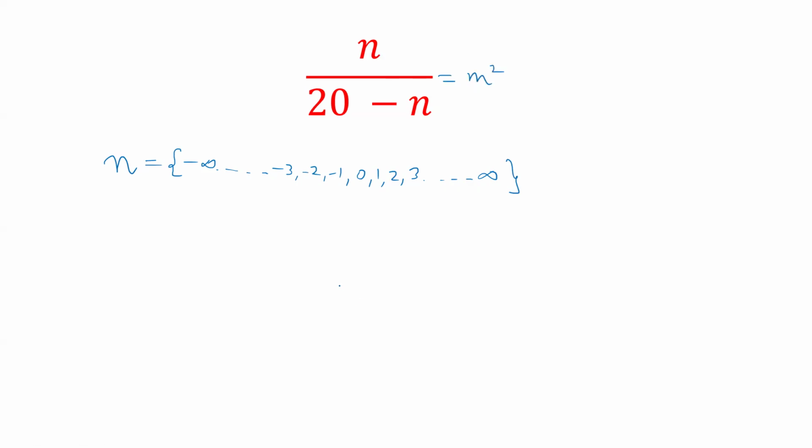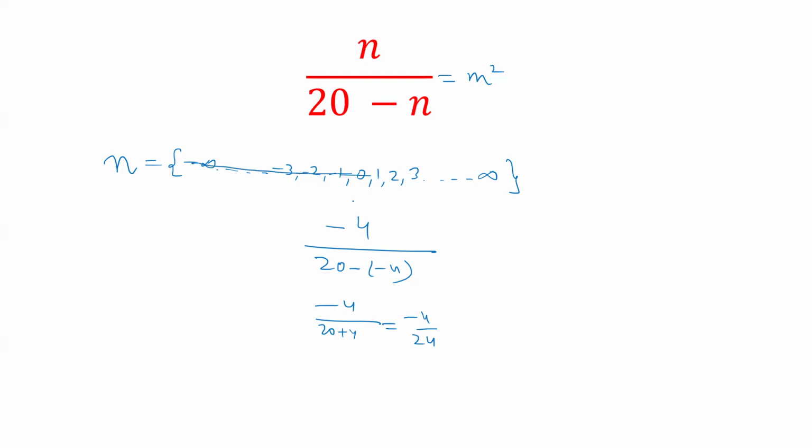Quickly analyzing, if n is a negative number, say minus 4, then the denominator will be 20 minus minus 4, that is minus 4 upon 20 plus 4, that is minus 4 upon 24. So the numerator will be negative and the denominator positive, so the final answer will be a negative number. But a square cannot be negative, so all the negative numbers are off.